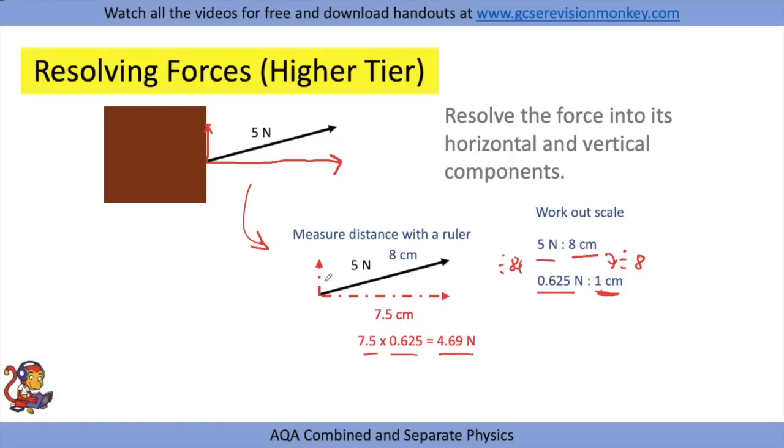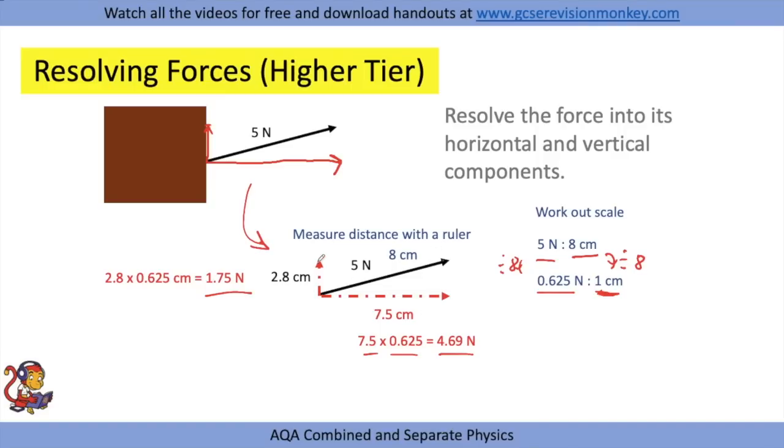And vertically, we again would draw a straight line to the top of this force, measure it with a ruler, and then use our scale to calculate the vertical force. So that's taking a force at an angle, resolving the forces into the vertical and horizontal components of that force.